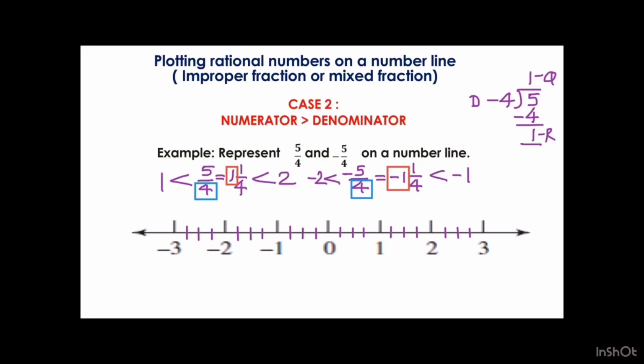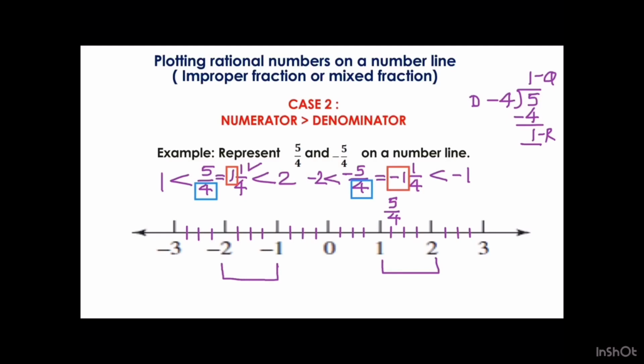5 by 4 lies between 1 and 2, and in 1 1 by 4 the fractional part is having 1 in the numerator, so it is 1 part away from 1, that is 5 by 4 is in this position. Same way, minus 5 by 4 lies between minus 1 and minus 2.